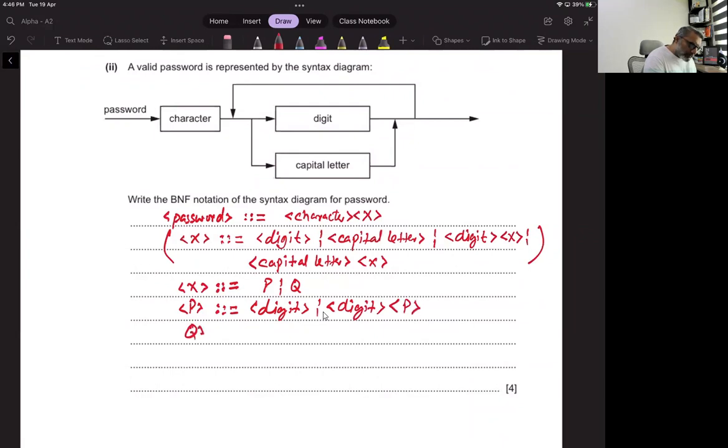And Q is defined as capital letter or any number of capital letters. So it's up to you, either you go by this or this part. Okay, while this remains fixed.